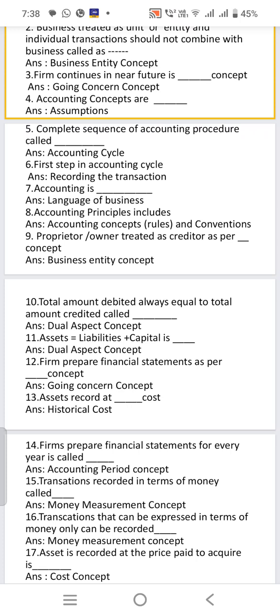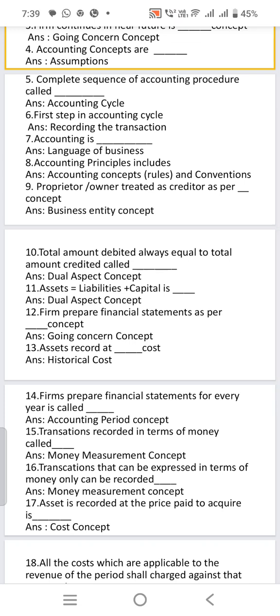Already we explained. Owner is separate, business is separate. So we should treat the owner as a creditor to the organization. This concept explains the business entity concept. The answer is business entity concept.